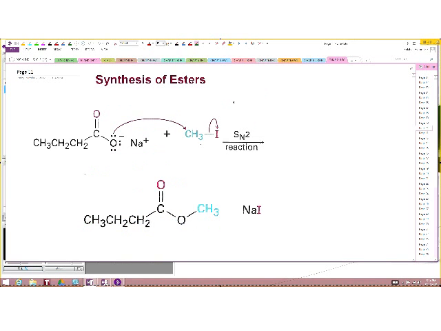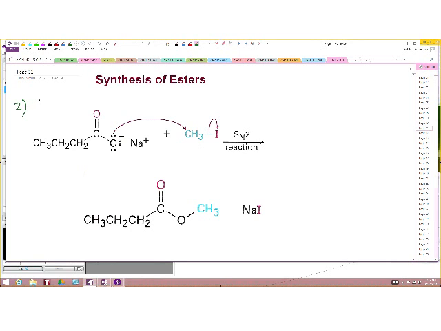Okay, if you recall when we left on Tuesday, we were discussing the synthesis of esters, and I believe I gave you 2 synthetic methods, and I believe this, what you have on your screen now, was the second method I gave you. So I will say method number 2 under the synthesis of esters.